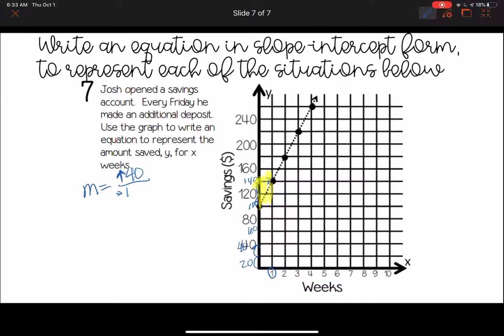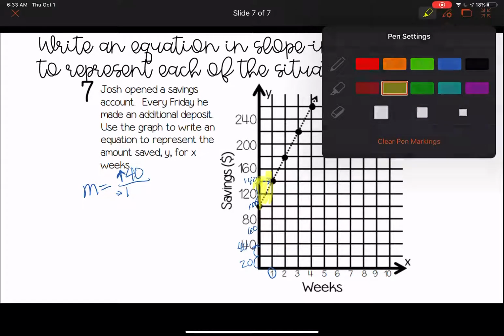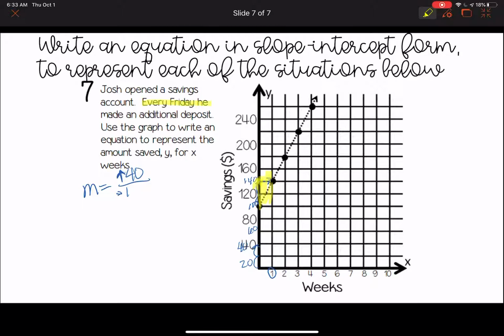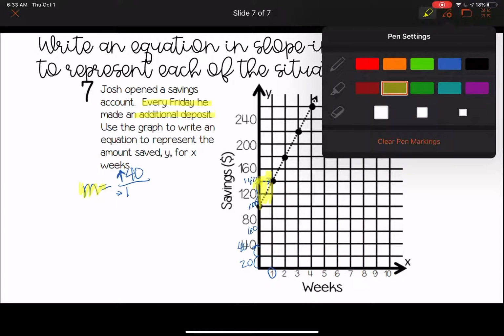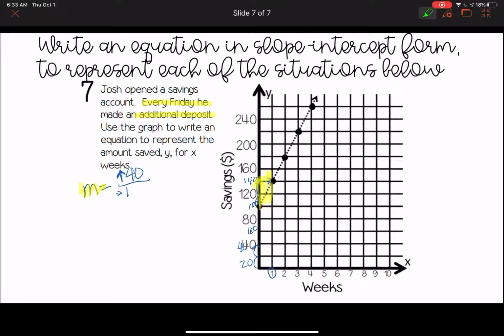All right, so he opened a savings account. Let's see. Every Friday, he made an additional deposit. So that additional deposit is this slope right here. And when he opened the savings account, hey, he began the savings account.